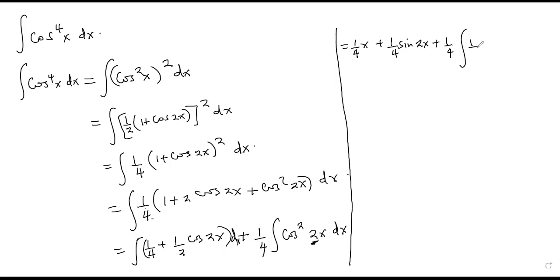So it is going to be a half into 1 plus cos 4x this time, not 2x, because the double angle of 2x is 4x, then dx.